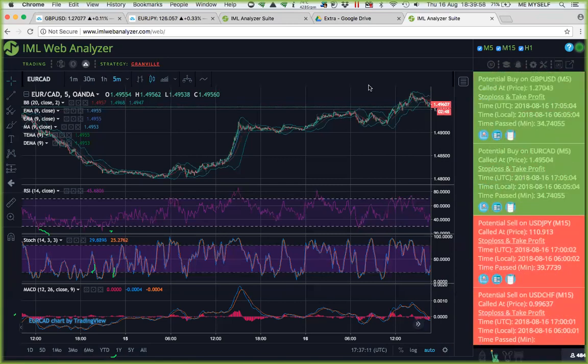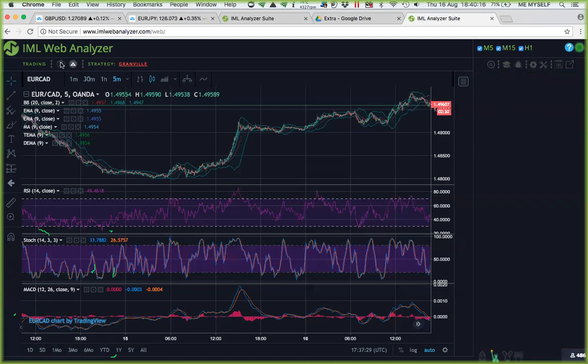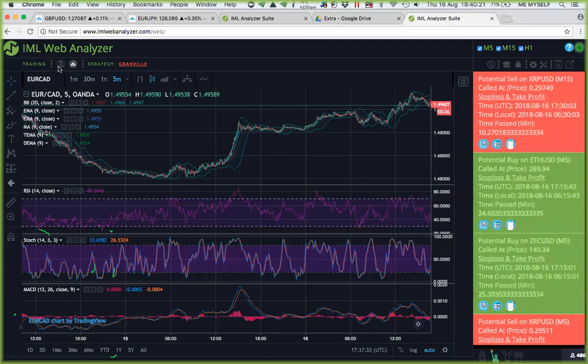If you switch across to this part just under the web analyzer logo, where you see trading, there's a dollar sign and another sign, I'm not quite sure what that is, it's like a C. If you click on that, you switch between the crypto analyzer and the web analyzer.